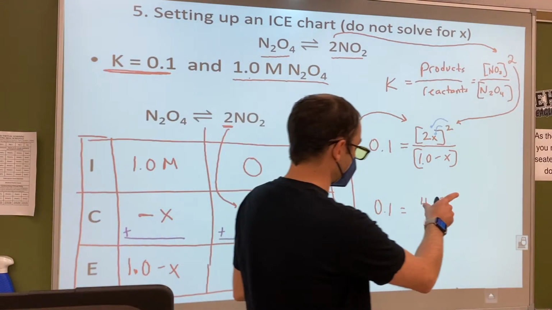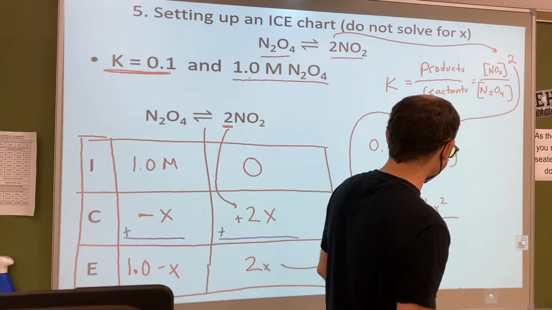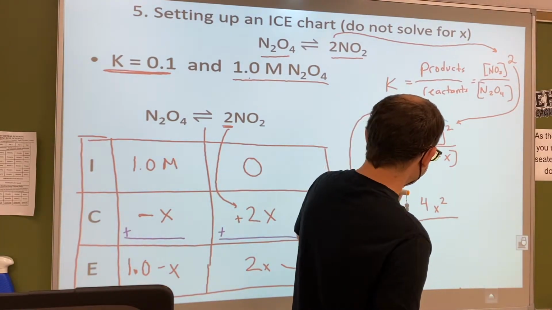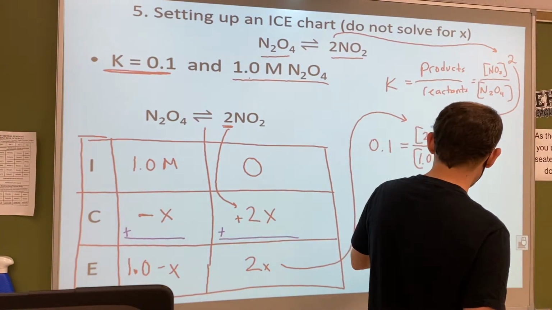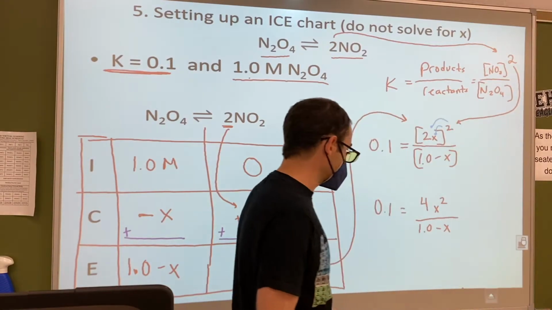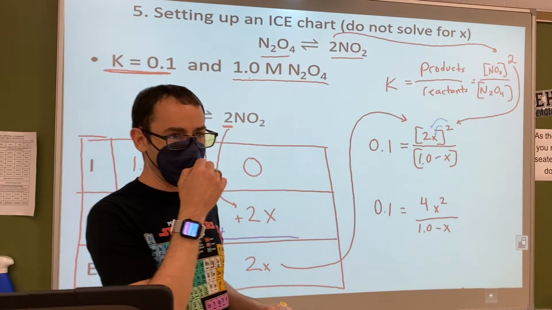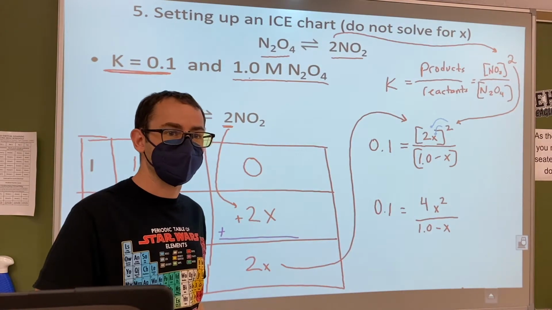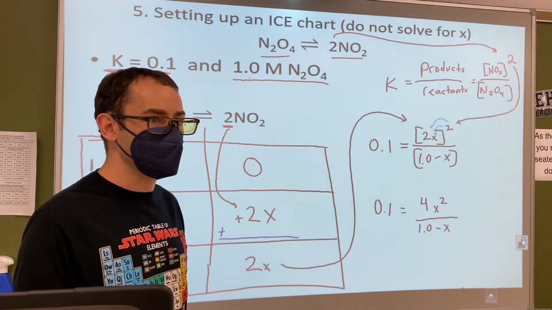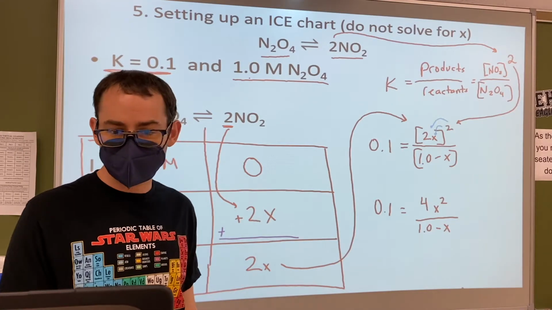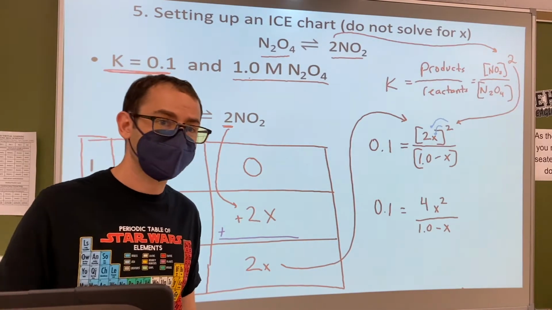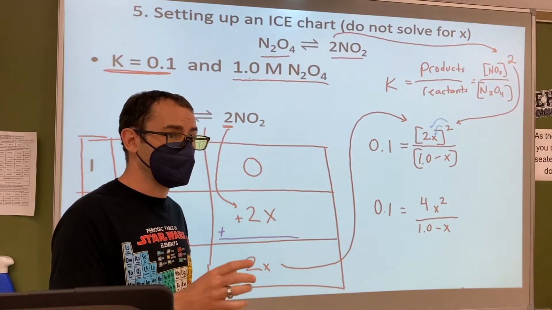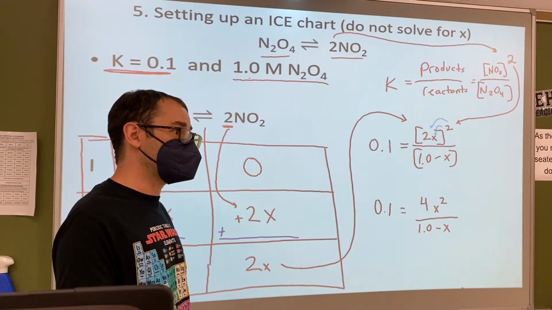So now it's 4x squared over, now, here's the problem. If we left it like this, how would you solve this in Algebra 2? What equation would you have to use to solve this? There's something you have to use to solve these kind of problems. Unfortunately, yeah, you would cross multiply, but there's something a little bit more in there because you have the x and you have the x squared in there.